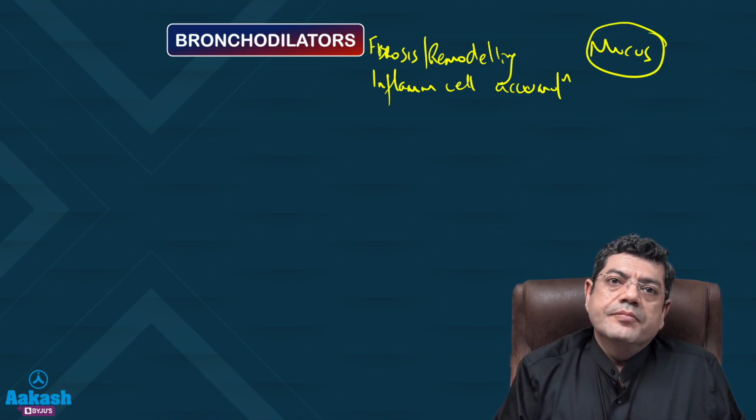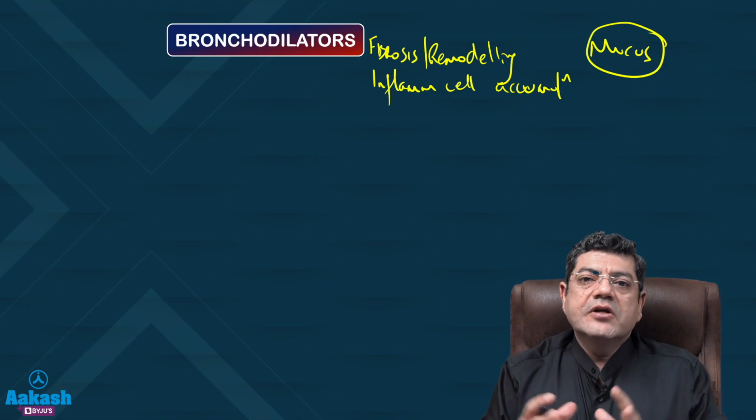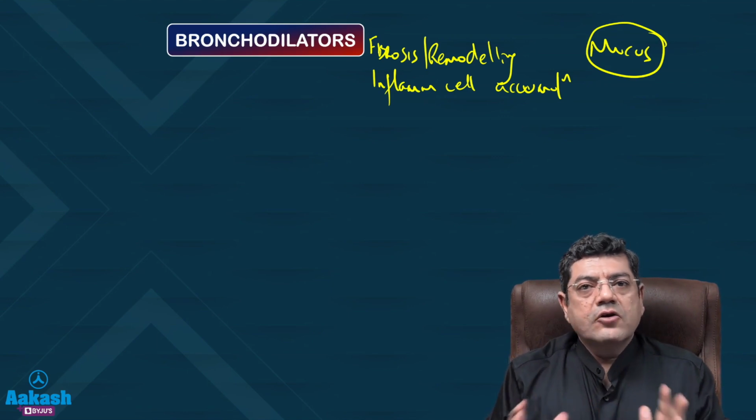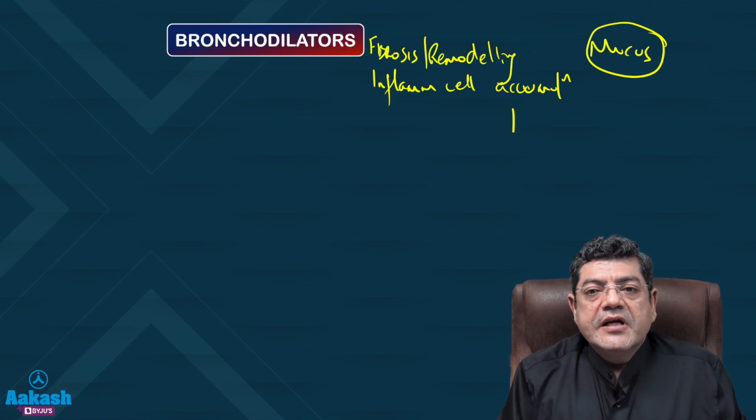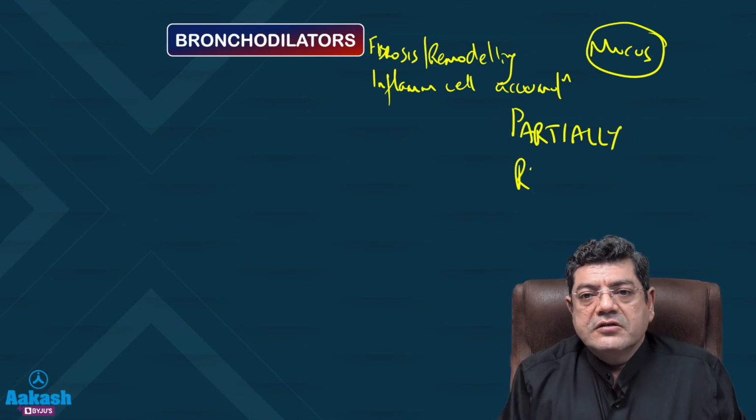So there are some factors there that can be controlled with therapy and some factors that cannot be controlled with therapy, and this is why patients with COPD have only partially reversible airway obstruction.